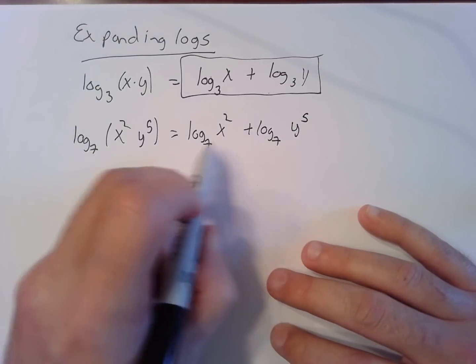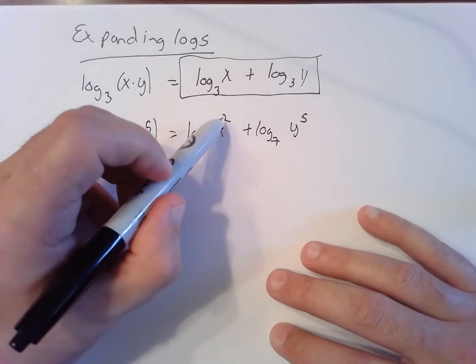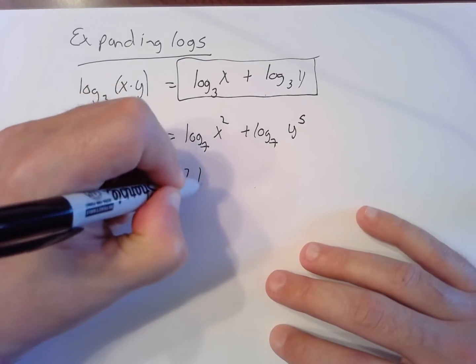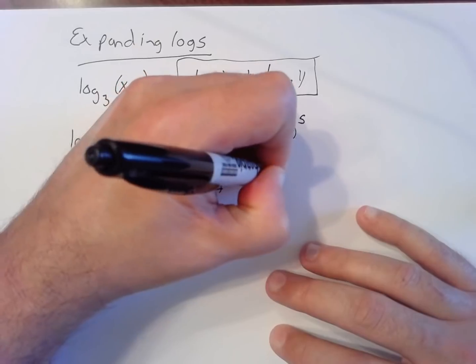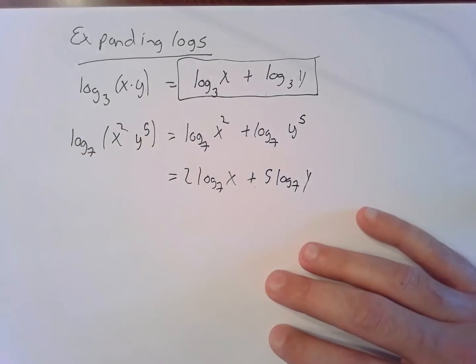Multiplied inside becomes added, 2 separate logs outside. Then I can use rule number 6 to bring these powers down and get 2 log base 7 of x plus 5 log base 7 of y. So all the powers come down front.